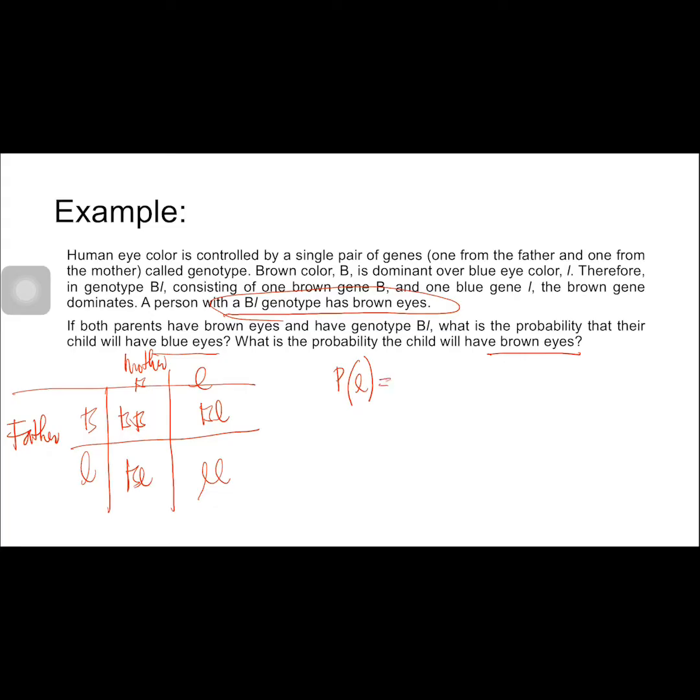That is equal to 1, since only LL has blue eyes. So that is 1 over 4, that is 0.25. The probability of having brown eyes is equal to 1, 2, 3. That is 3 over 4, and that is 0.75.